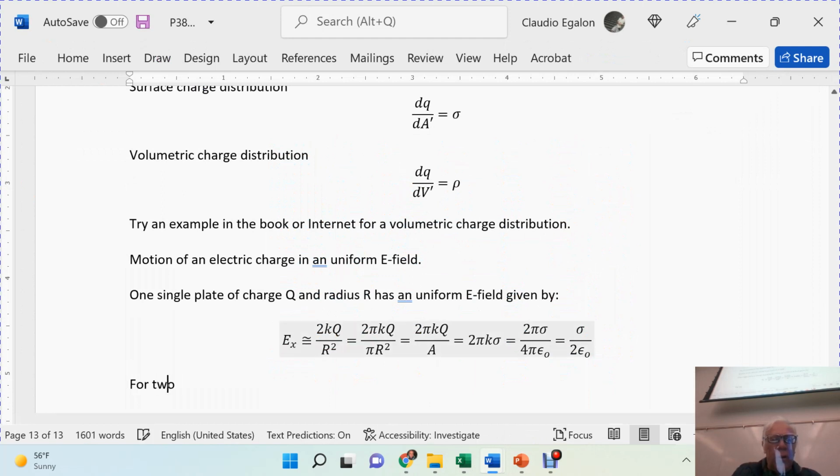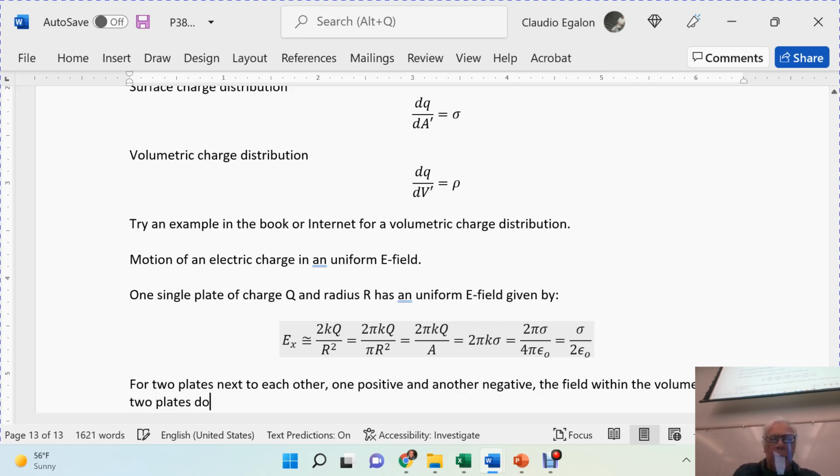For two plates next to each other, one positive and another negative, the field within the volume of the two plates doubles and becomes negligible outside this volume.